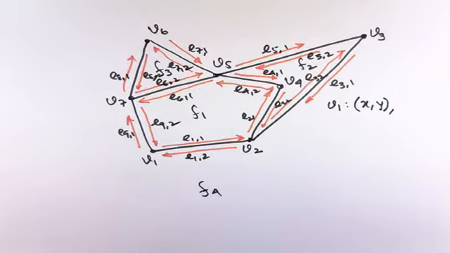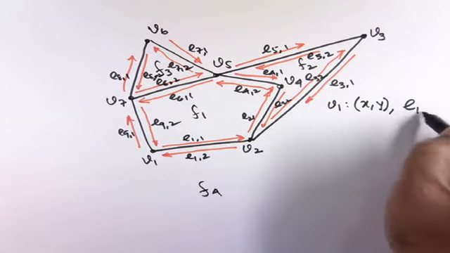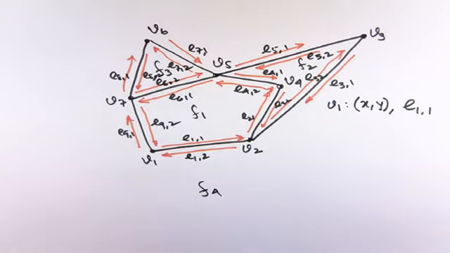So for every edge you have a pair, or you can say there is a twin edge, so you number them as 1, 2. So you keep the vertex and keep some edge which goes out of this vertex. The basic relationship is between the vertex and the edge.